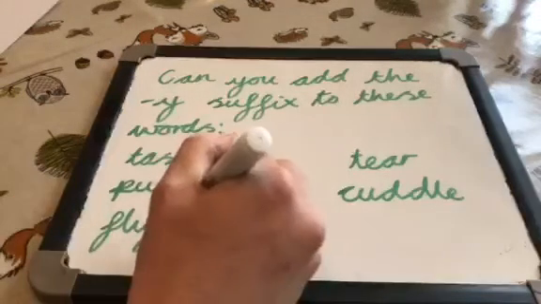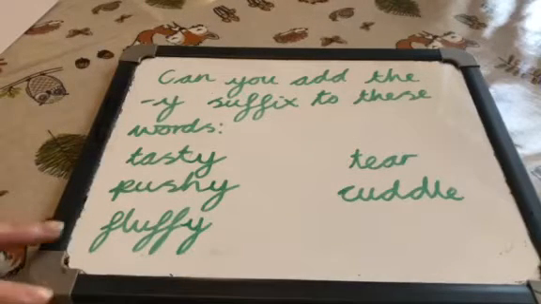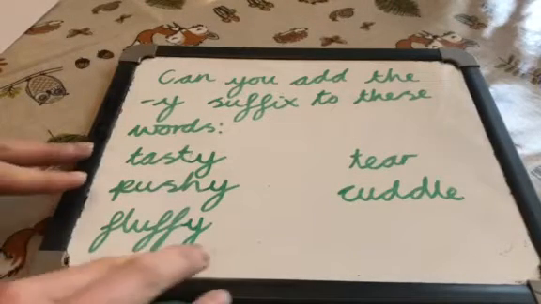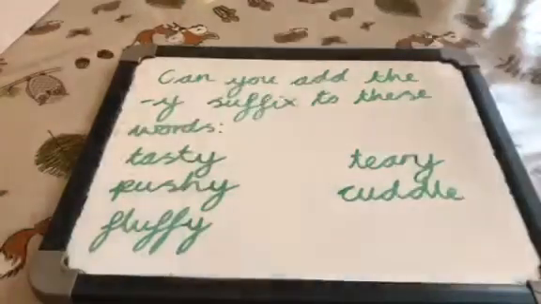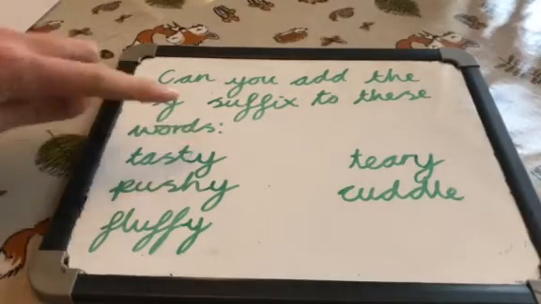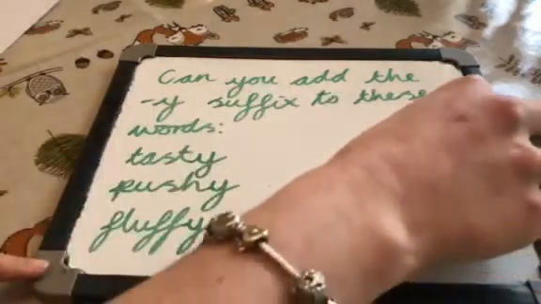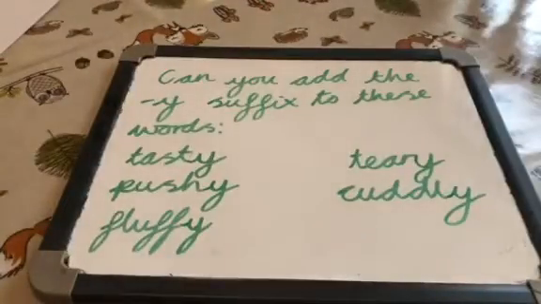That's right, we just add our Y to the end of that as well. Tear to teary, she was feeling teary, we add a Y to the end of that one. And cuddle to cuddly, a bit like tasty, we take away the E and then we add our Y. Okay, I wonder how many of those you managed to get right.